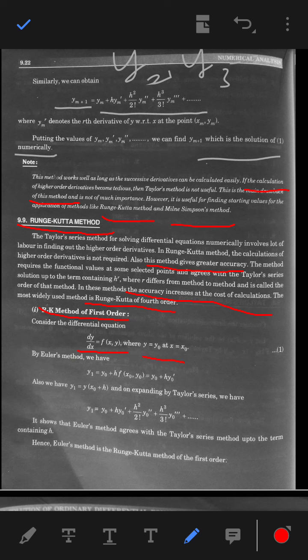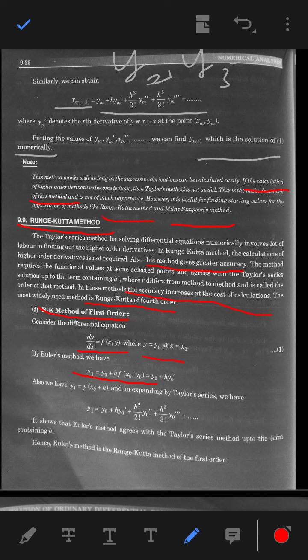Now, by Euler's method, we can write y1 in terms of y0 as y1 is equal to y0 plus h into f of x0, y0, which is equal to y0 plus h into y0 dash. See here, our function f of x, y is equal to dy by dx, meaning the first derivative of y.